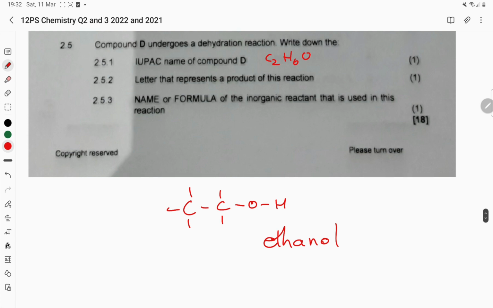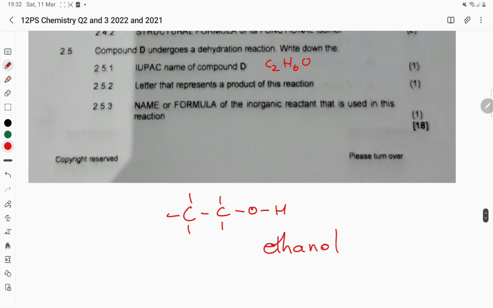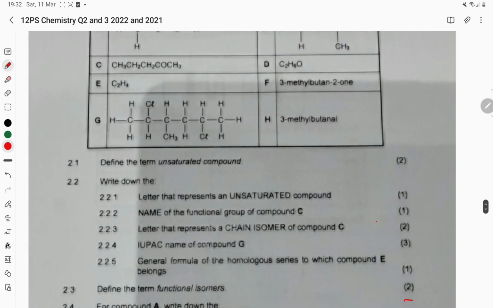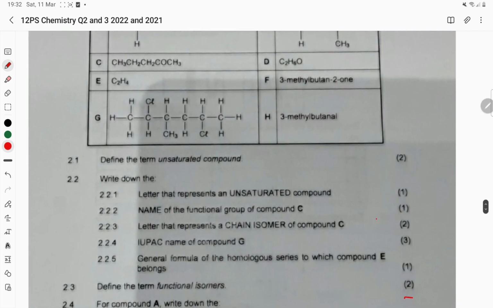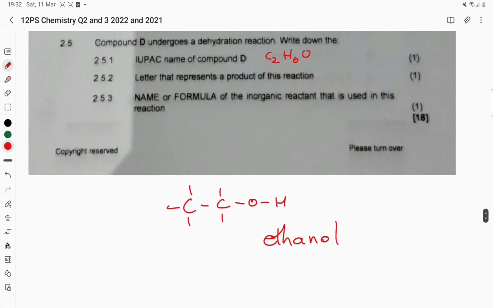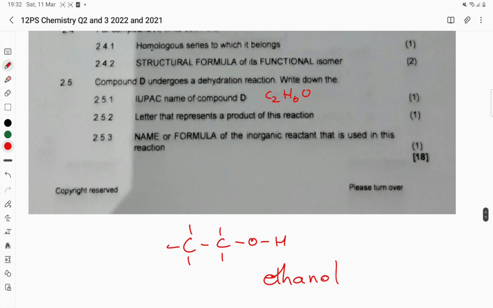The letter that represents the product of this reaction. So ethanol will react with a carboxylic acid and form a product. Actually, this section's not supposed to be in.